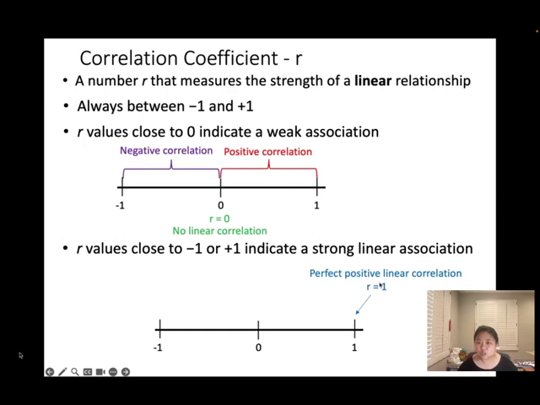That means all the data is on a straight line. So that's called perfect positive linear correlation, and you will find R equal to 1. Same idea for the other: when R equals -1, this is called perfect negative linear correlation. Again, all the points are on a straight line, going downhill.